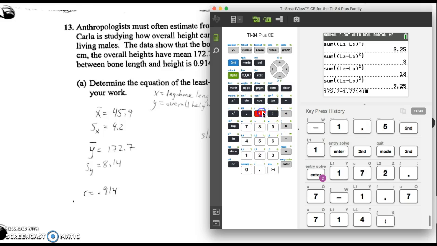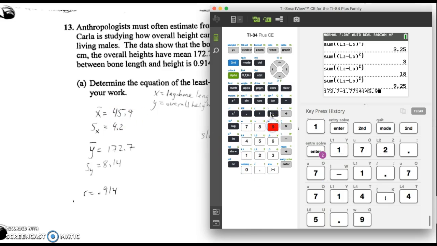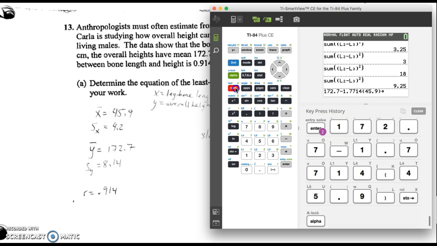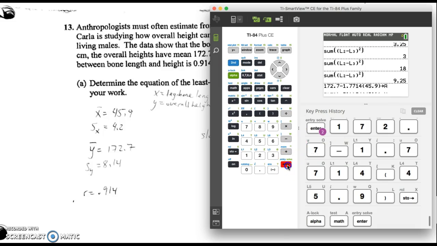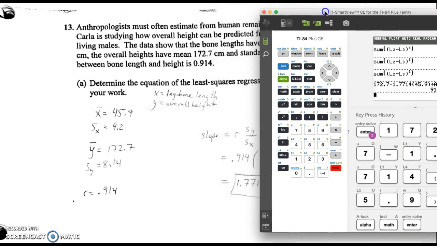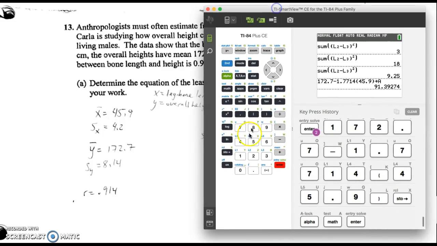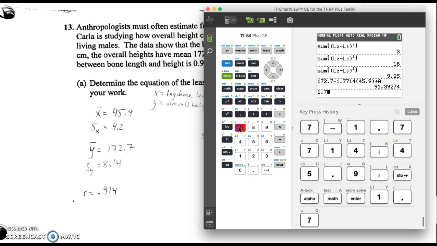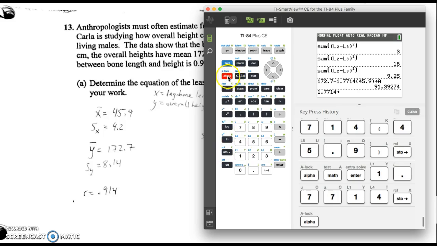And we multiply that by x bar, which is 45.9. And we're going to call this a, the variable a, so we're going to store it as alpha a. So that means our y-intercept is 91.39. And again, our b value was 1.7714, that's our slope, so I'm just going to store that as letter b.